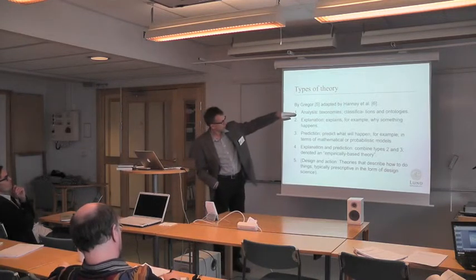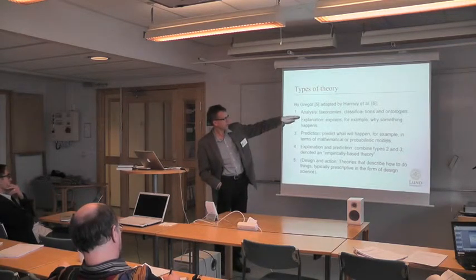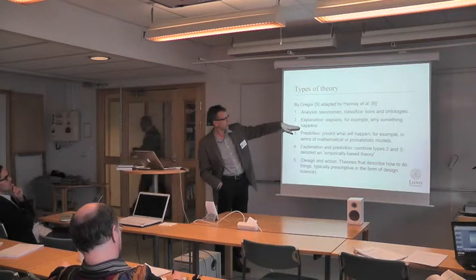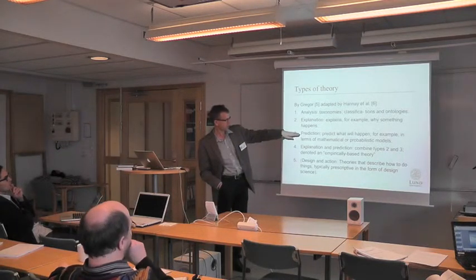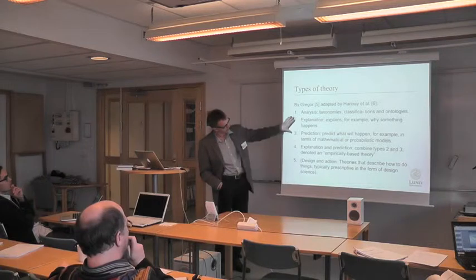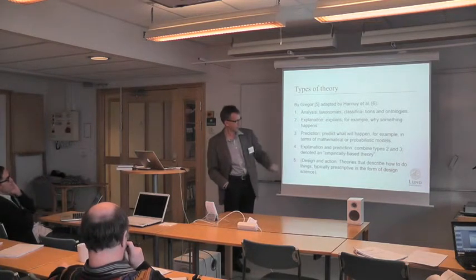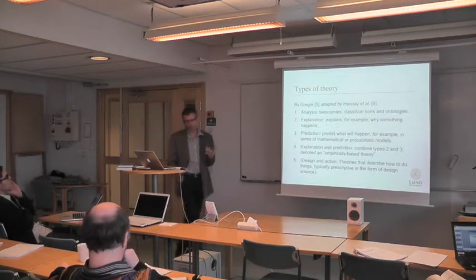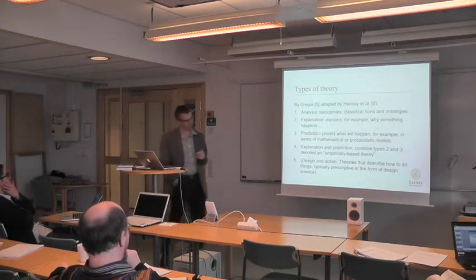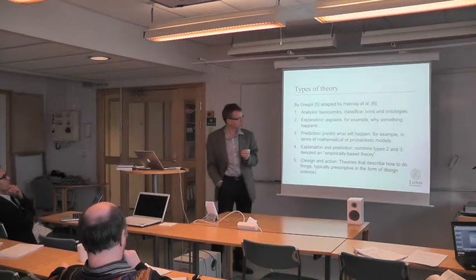They distinguish between analysis theories, explanation theories, prediction theories, combining those two into one, and finally design and action theories, which they question whether this is a theory or not.